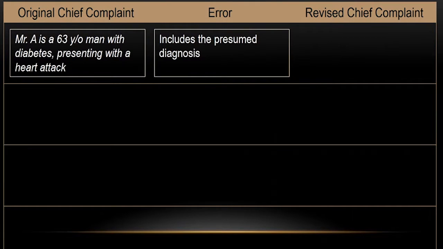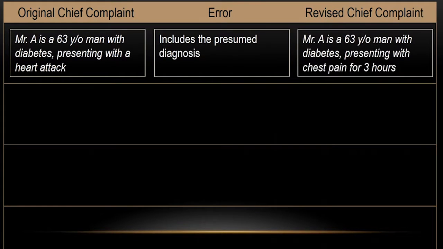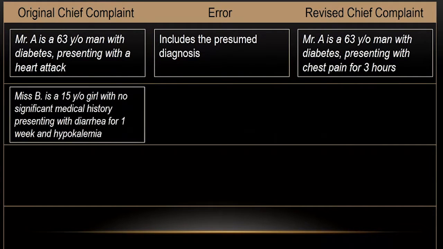It includes the presumed diagnosis. We do not put the diagnosis in the chief complaint. So the correct version of this chief complaint is going to be the same patient presenting with chest pain for 3 hours.